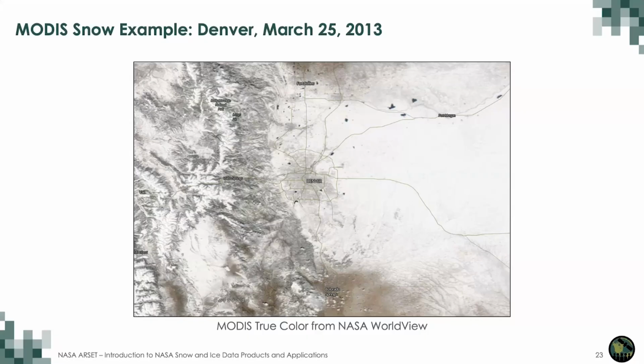You can see the white snow cover covering much of the plains of Colorado and then into the mountains. Denver is annotated. You can see it's not quite as white in Denver due to all the infrastructure, buildings, and streets, so you lose some of the whiteness of the snow cover there.